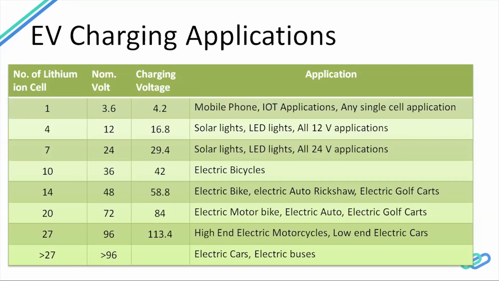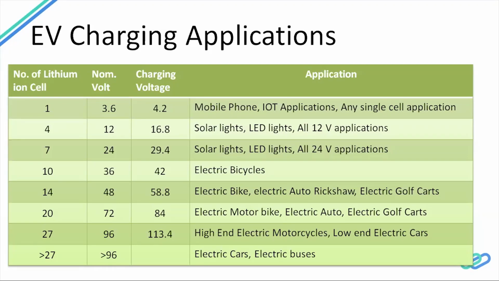So for all 12 volt battery applications, we have to make sure that the charger charging voltage is 16.8 volts for a lithium ion battery. Then for a 24 volt application like solar lights, LED lights, and even BLDC motors, they run on 24 volts.